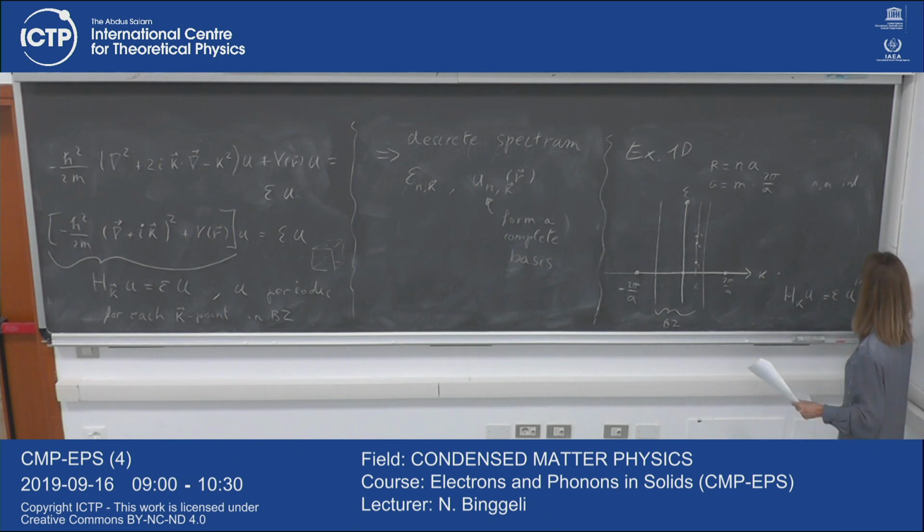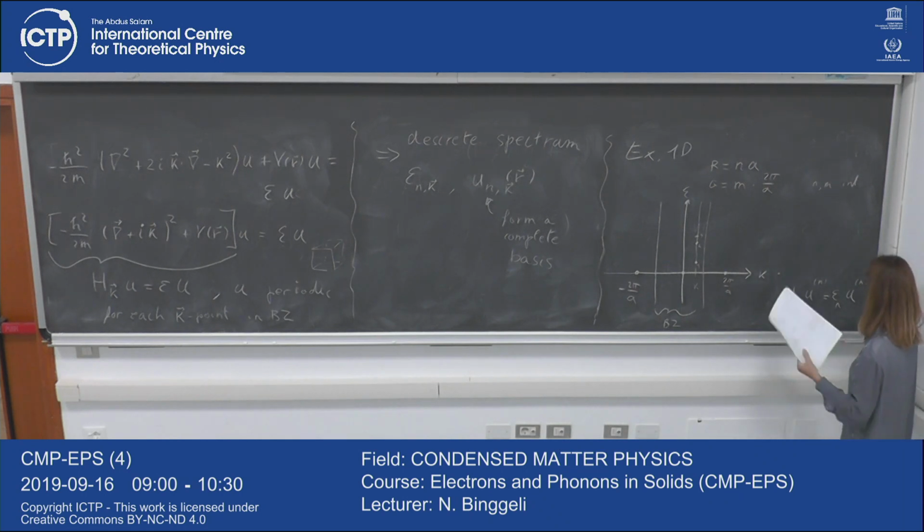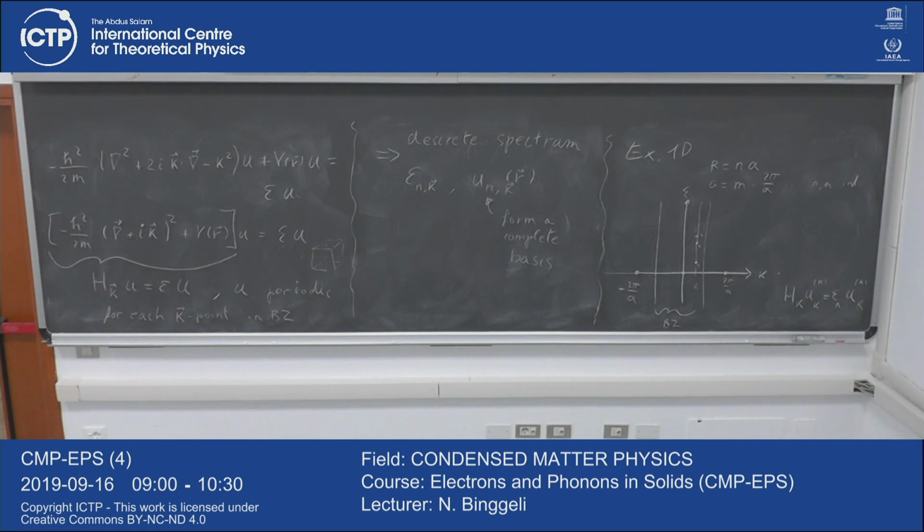So I can put my index n here and k. So these are the epsilon for this k, 1, 2, 3, and so on.